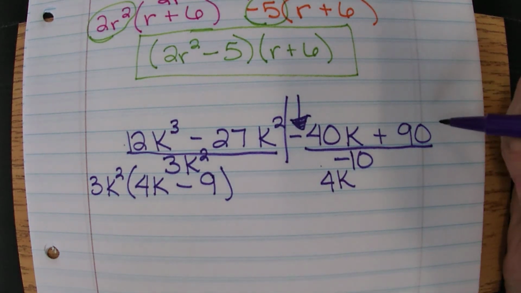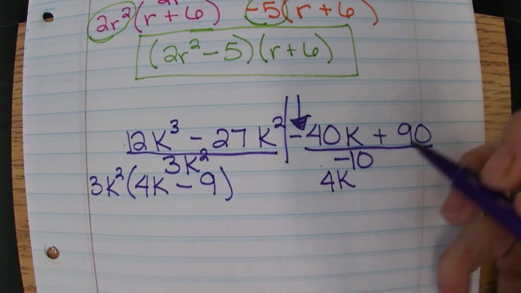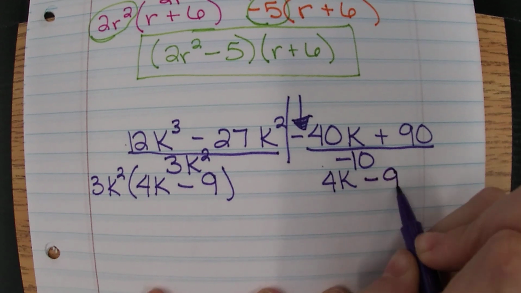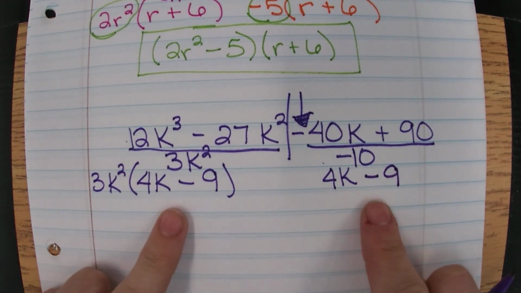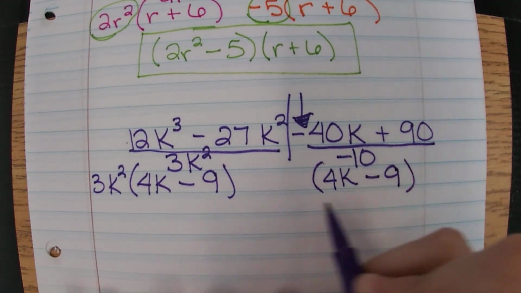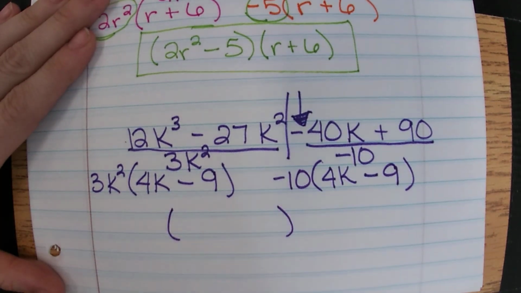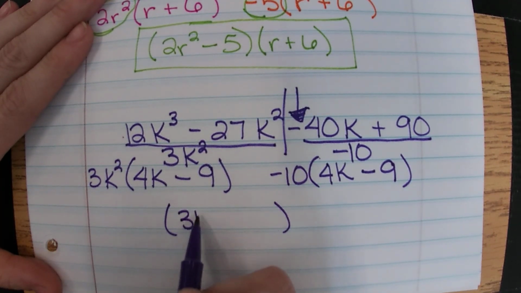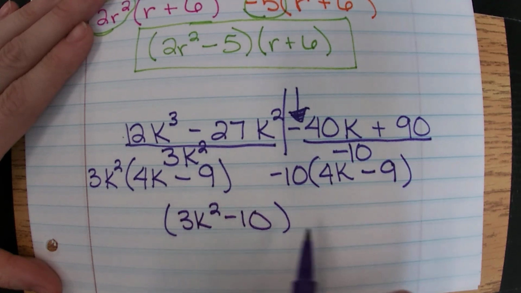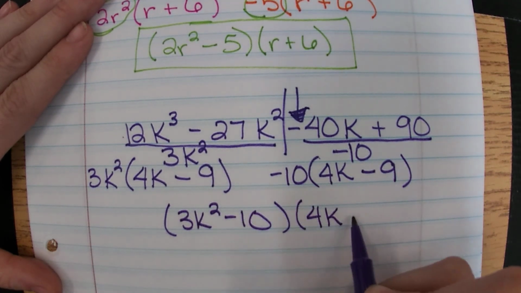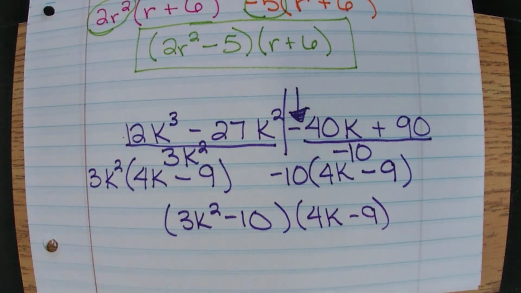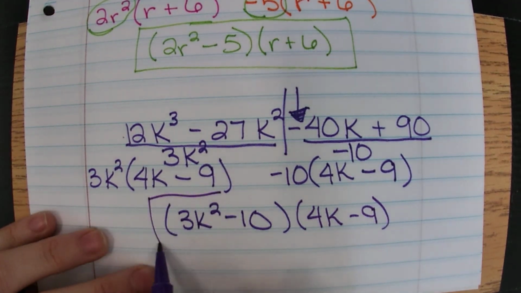And a positive 90 divided by a -10 is a -9, right? That ends up making our two binomials match, which is what we need to happen. We will put our GCFs together: 3k squared minus 10, and our common binomial of 4k minus 9.